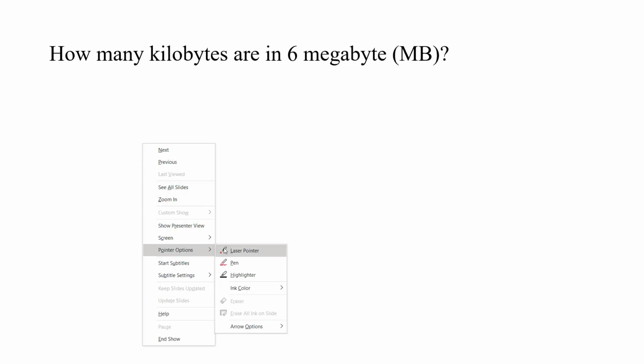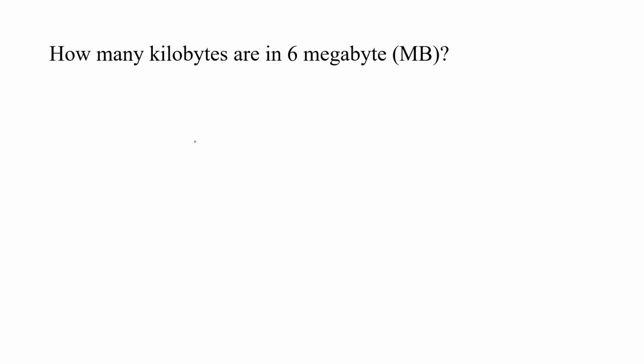Moving on. For this one, we're trying to convert megabytes into kilobytes. Again, we're going to do power of 10 and power of 2. So, 6 megabytes, power of 10. It's 1 megabyte, 10 to the 6 bytes.